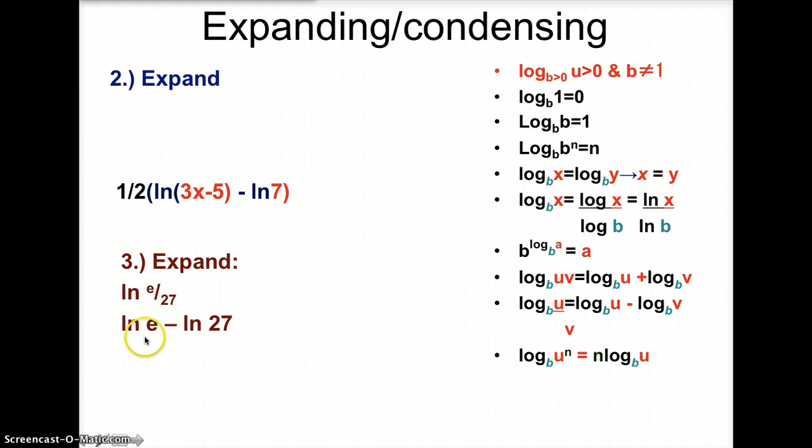Now the natural log base e of e, remember this is an understood base e if it doesn't have one there. Well, that would be the same up here as this rule. Log base b of b equals 1. This is going to turn into a 1. And then we're going to look up the natural log of 27 and subtract them, and we get negative 2.296.